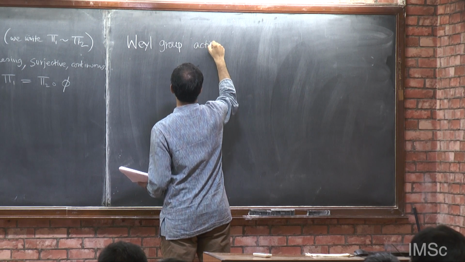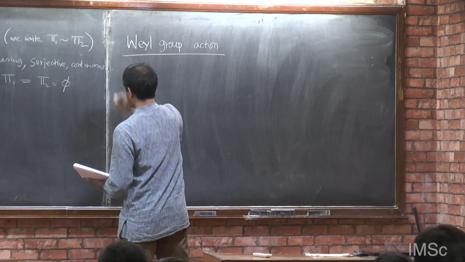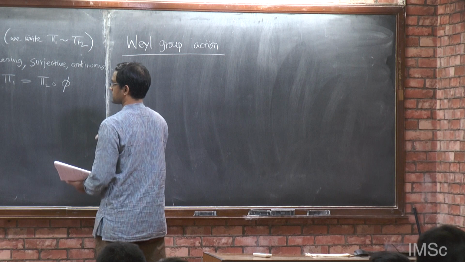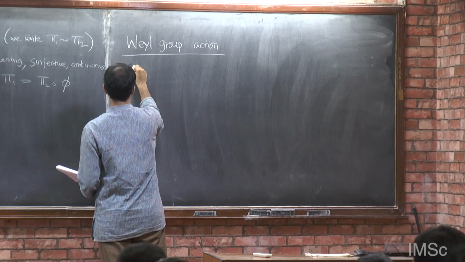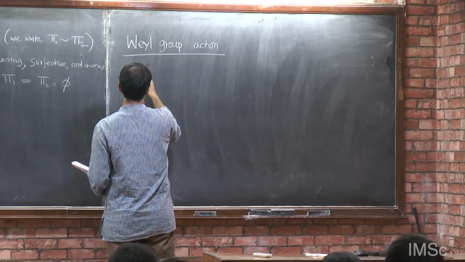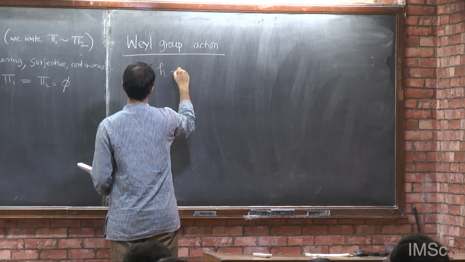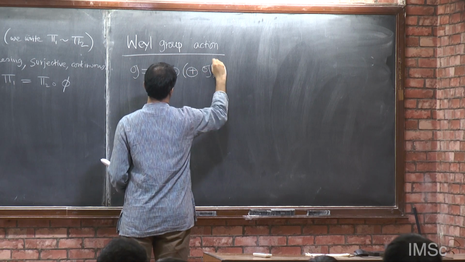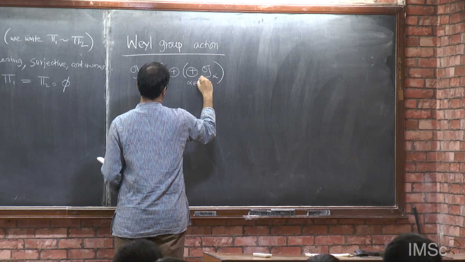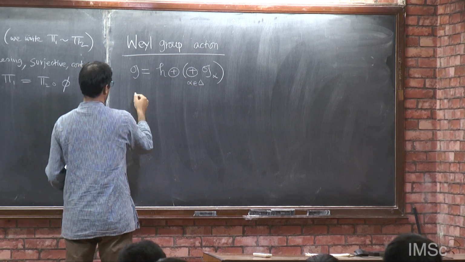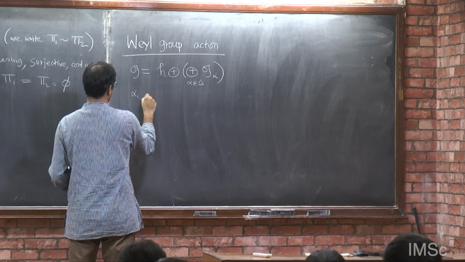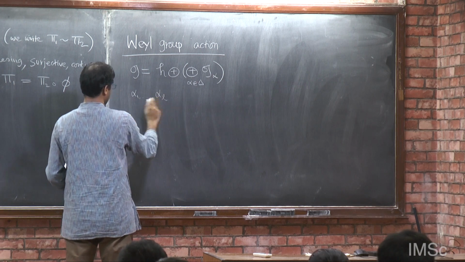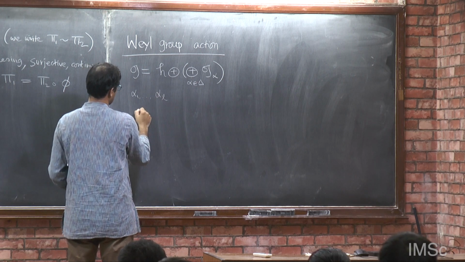So what's the Weyl group in general? With the same notation I had before, G is the finite dimensional simple Lie algebra. Now we had those simple roots alpha 1 through alpha L. Each of those simple roots actually defines a certain operator.